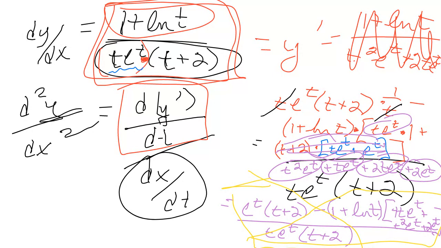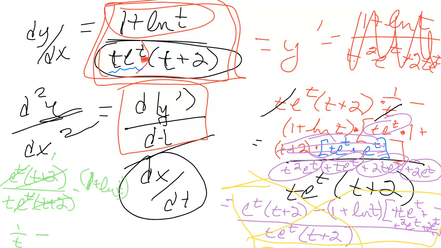Green. So I've got e to the t times t plus 2 for the left side of this fraction, all over t e to the t times t plus 2. So this works out swimmingly well because those will cancel to ones, these will cancel out, and I get 1 over t. So that's 1 over t here.